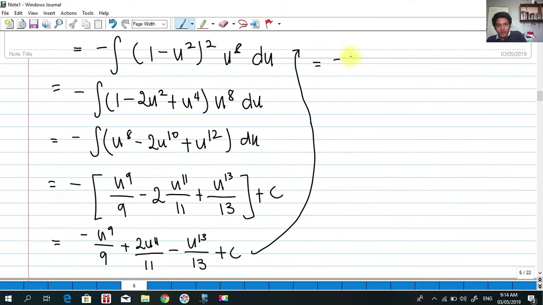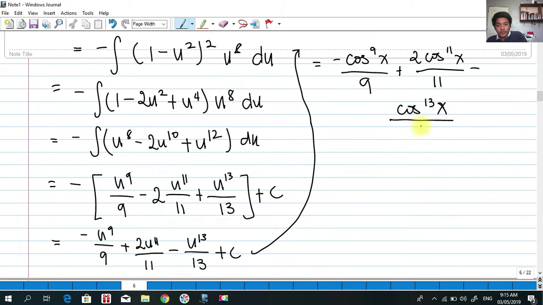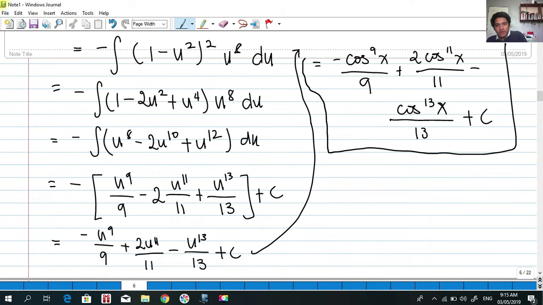So this would be negative cosine raised to 9 of x over 9 plus 2 cosine raised to 11 of x over 11 minus cosine raised to 13 of x over 13, that is plus c. So we got now the integral of this power of trigonometric function.